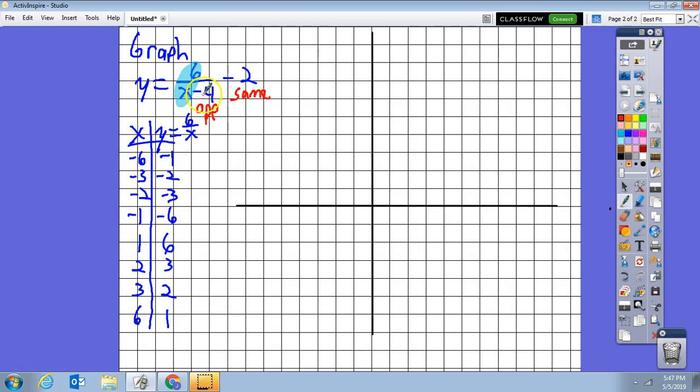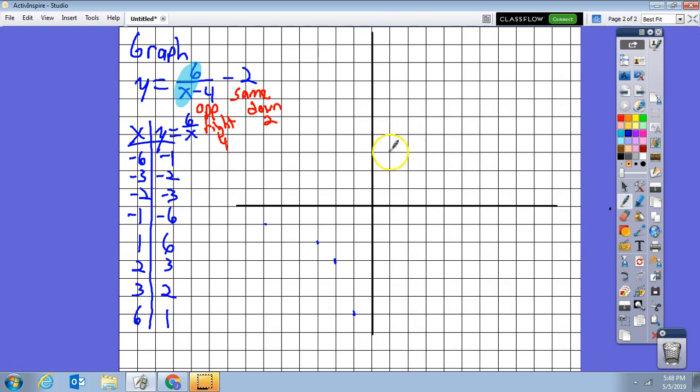So what is the opposite of minus 4? It's plus 4. So it's going to move the graph to the right 4 spaces. That is what this one is going to do. This one here is going to move it the same, so it's going to move it vertically down 2 spaces. So if you were to look at these points, (-6, -1) is here, (-3, -2) is here, (-2, -3) is here, and (-1, -6) is here.